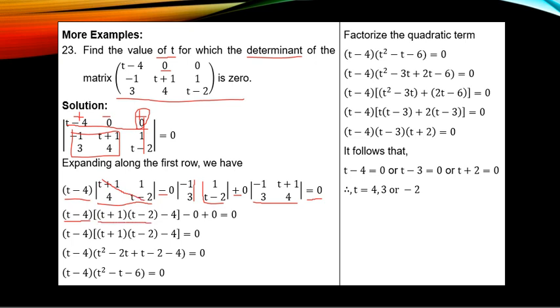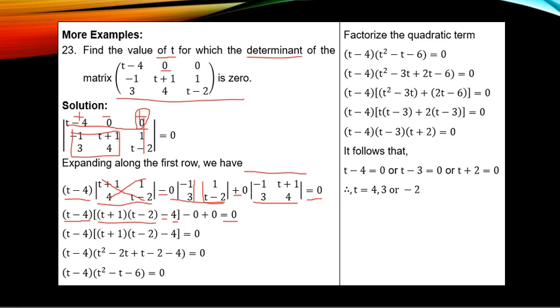The difference there is minus 1 times 4, you have 4. 0 times everything here, 0. 0 times everything here, 0. Then we equate it to 0.